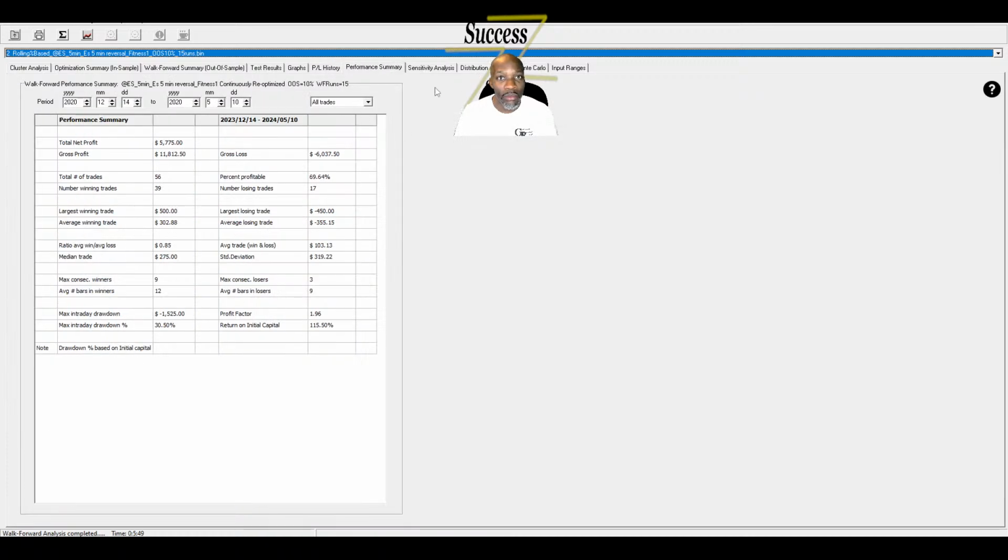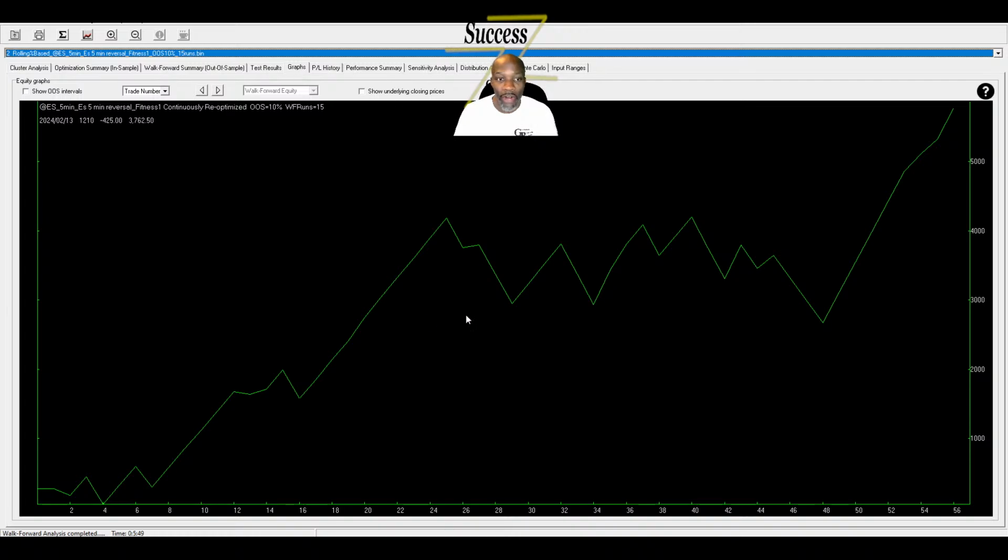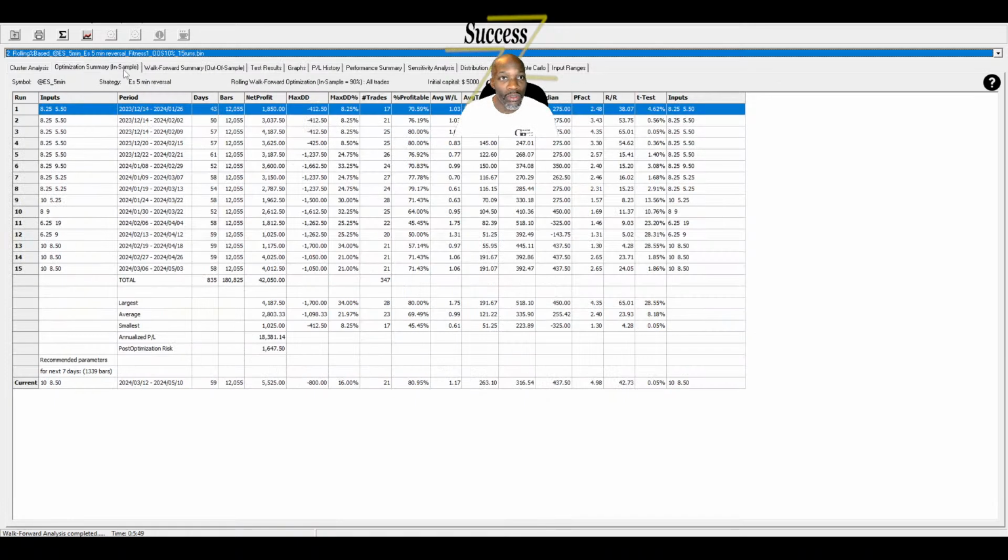All right, so now when we go to P&L, performance summary, this is how that performance summary would have gone on that specific run. And this is how that graph would have looked, right? So over that amount of time with those input ranges. And the input range, if you go to sample, this is the 10% 15 runs.